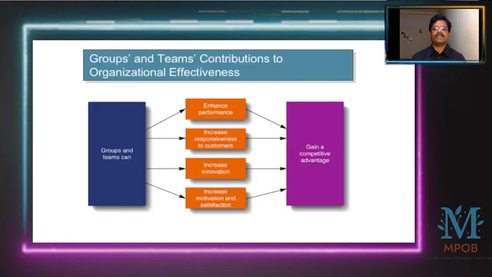Competitive advantage means our organization is better than others because our people and our group members are more efficient, alert and better than the others. So that is the main issue.